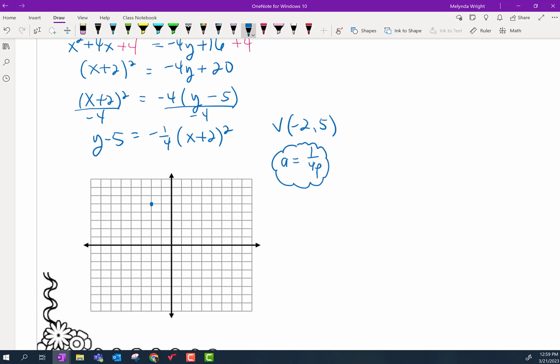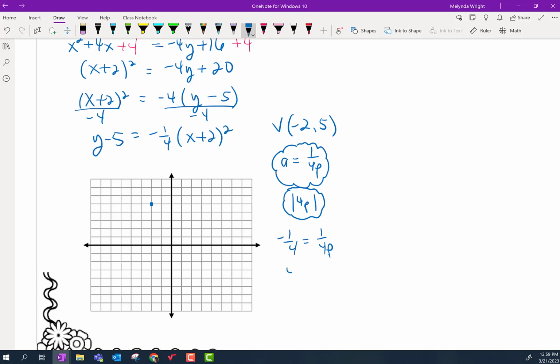And then you've got the absolute value of 4p. That's the distance or width of the focal diameter, or LR. So we're going to use that to help us graph. So we know a is negative 1/4. So negative 1/4 equals 1 over 4p.